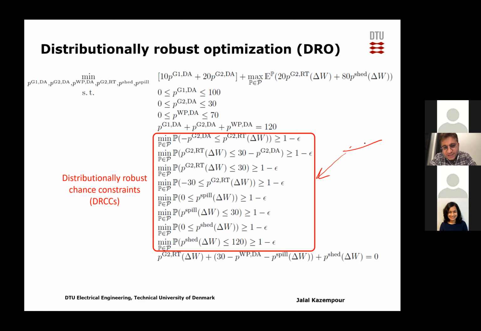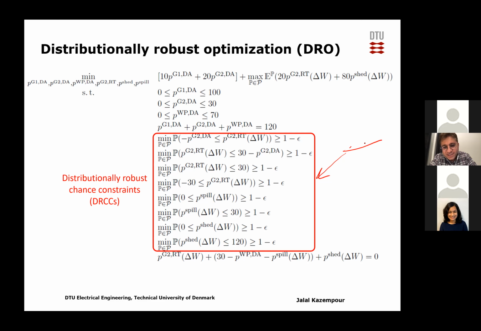Are they chance constraints, or are they different? Any clue? Do you call them chance constraints? Yes, Nico says we have a mean. Already we didn't have a mean. Now we have a mean at the beginning of the chance constraint.